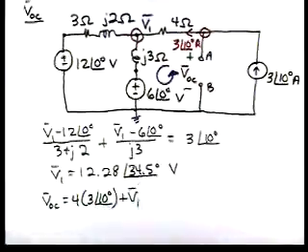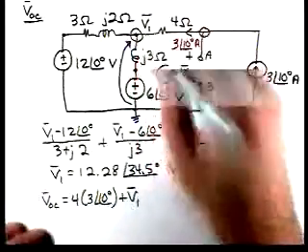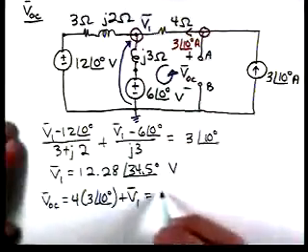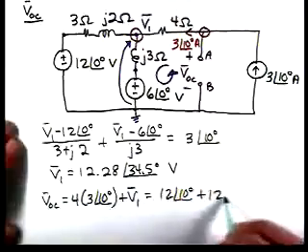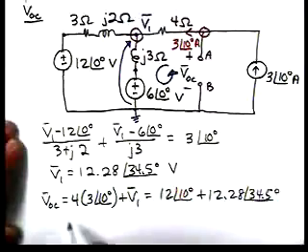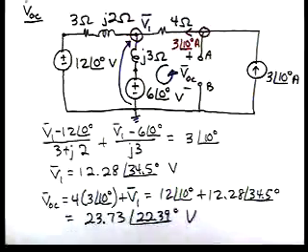Remember, V1 is the voltage from the reference all the way up to that node. So we have 12 at an angle of 10 degrees plus 12.25 at an angle of 34.5. Then VOC is 23.73 at an angle of 22.39 degrees. And so now that gets us the open circuit voltage.